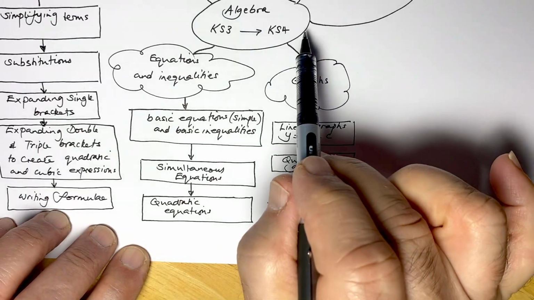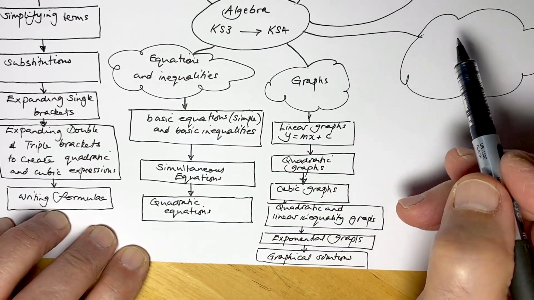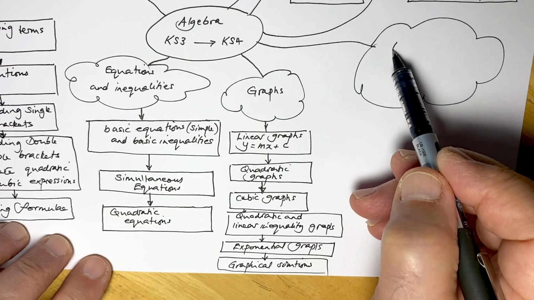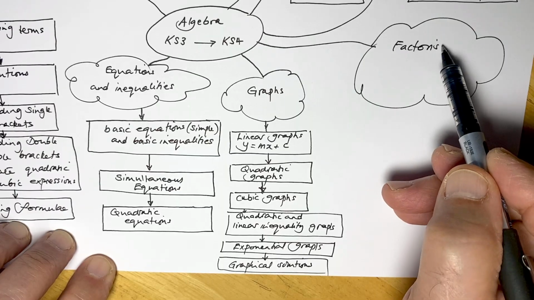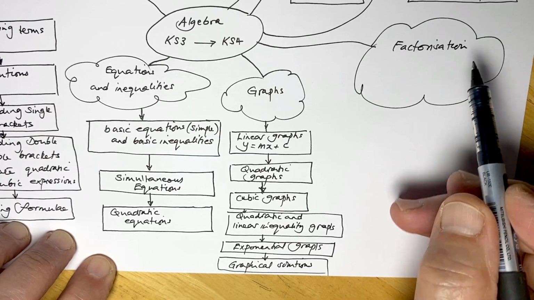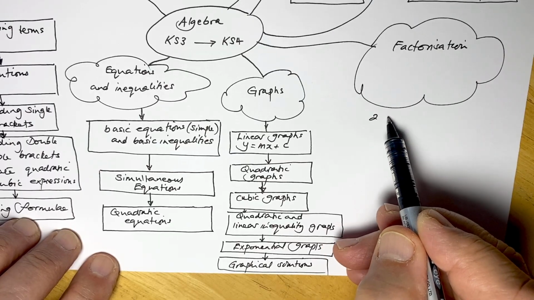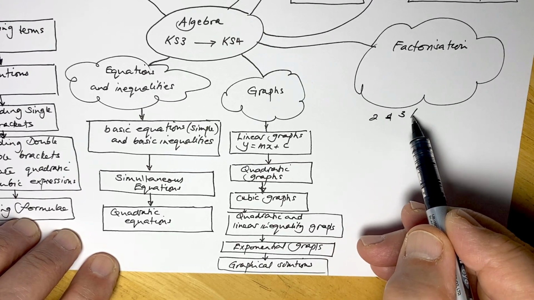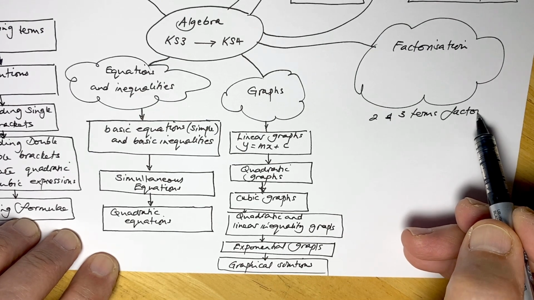The other most important aspect of algebra would be factorization. Where we start with 2 and 3 terms factorization.